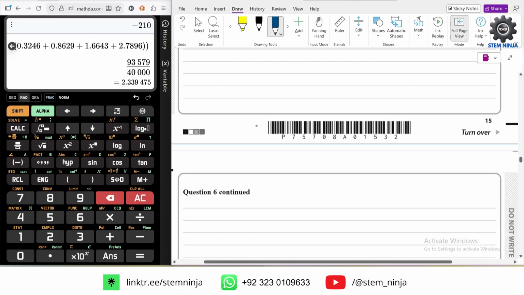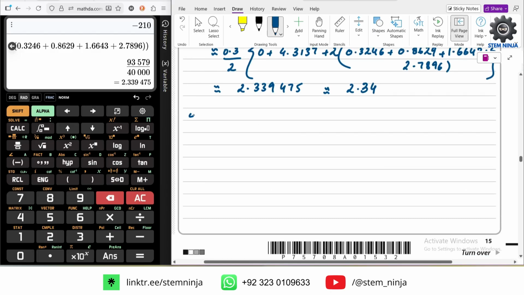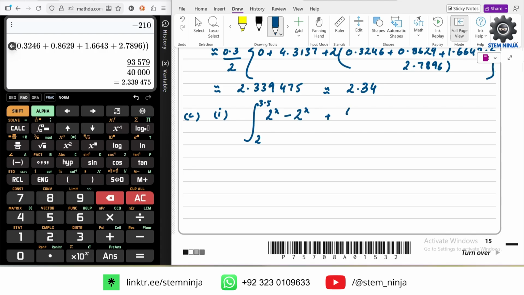Right, okay. This is very straightforward. From 2 to 3.5, 2 raised to power x. If you have this and you add up 4x dx, right?